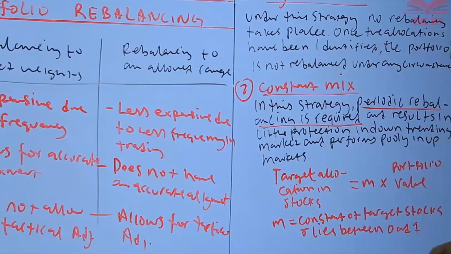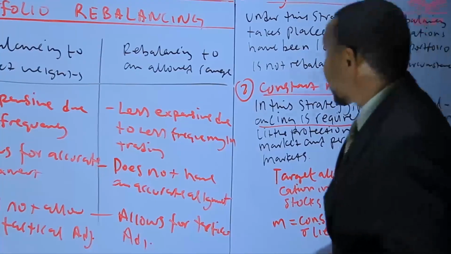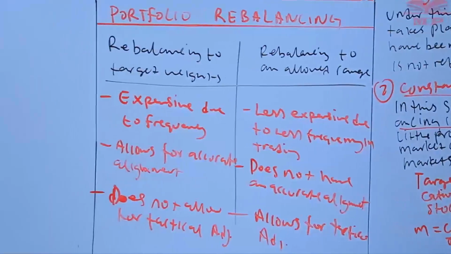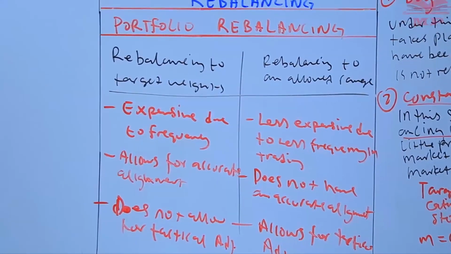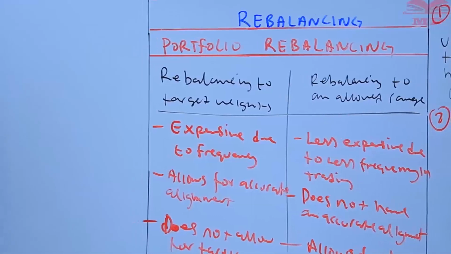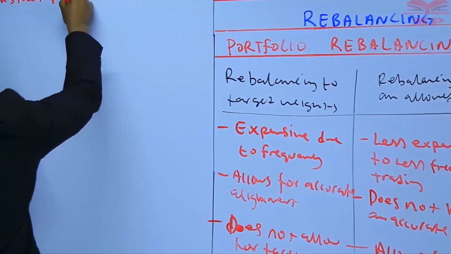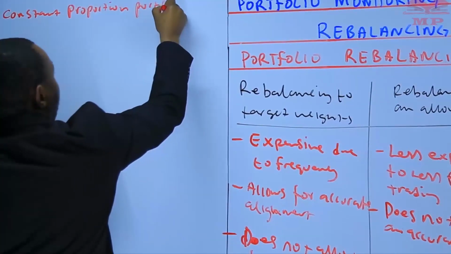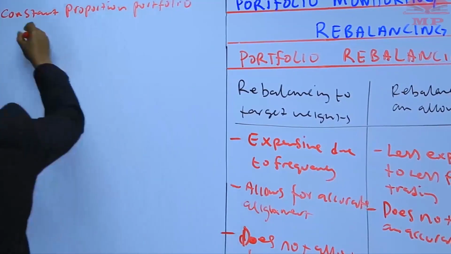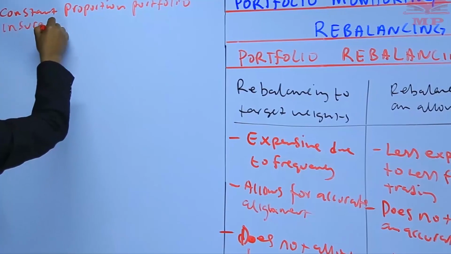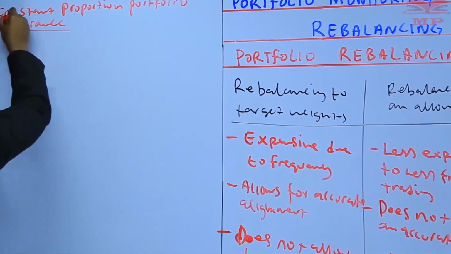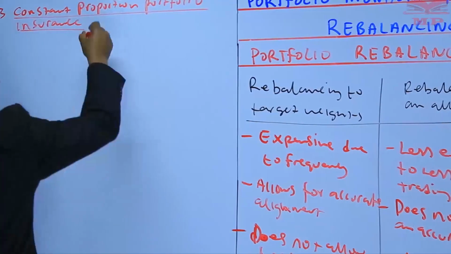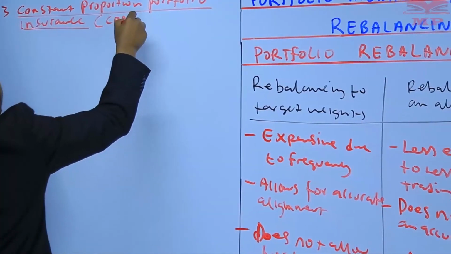How about the constant proportion portfolio insurance, which is the third rebalancing strategy? Number 3 is constant proportion portfolio insurance, also called CPPI.